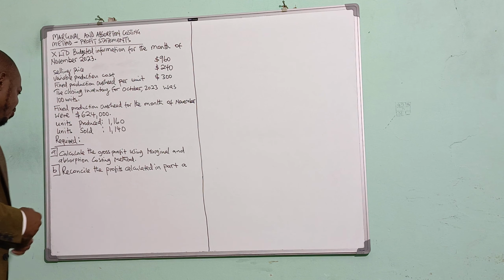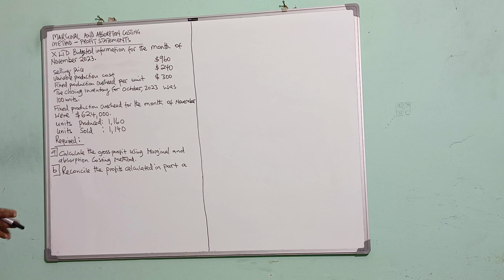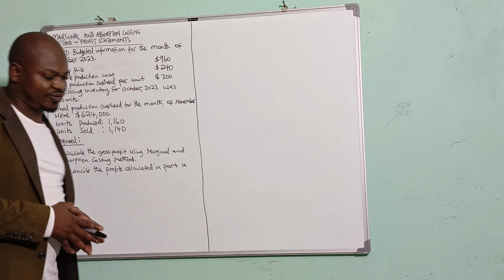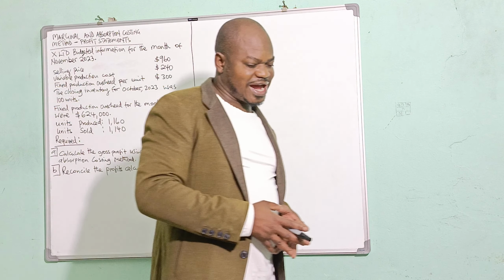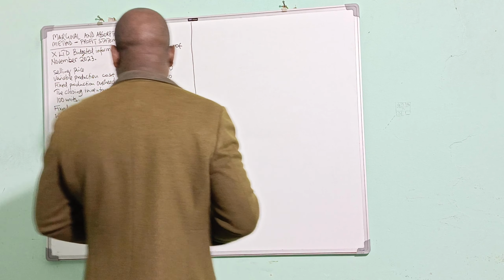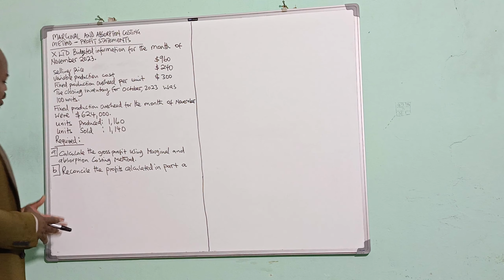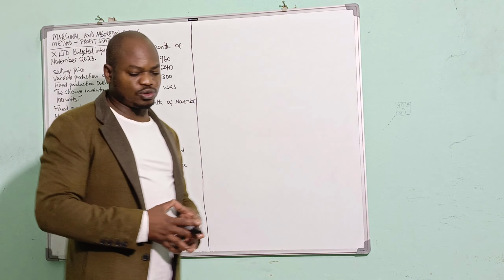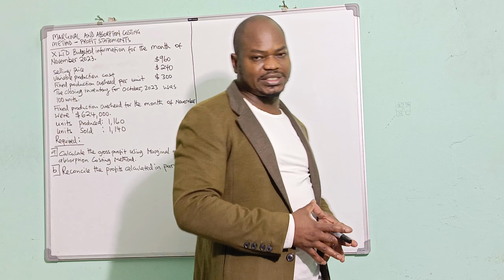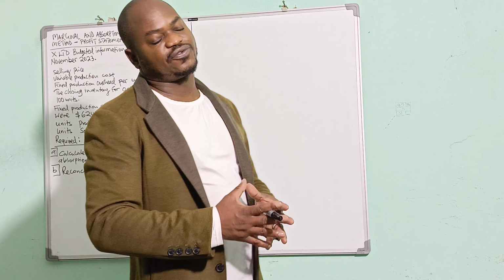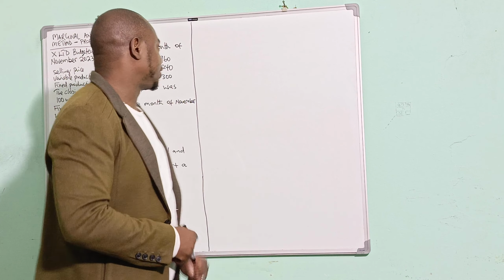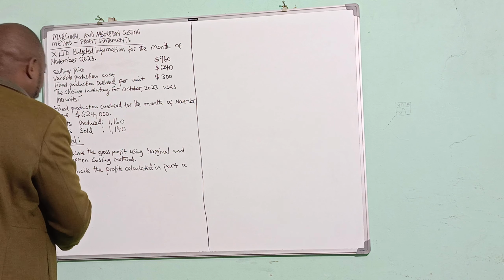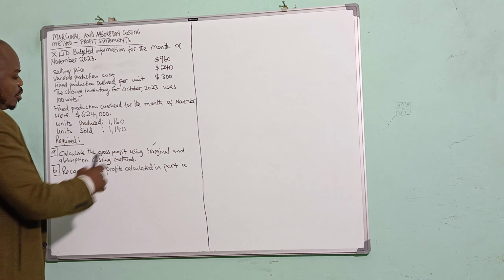The requirement: calculate the gross profit using the marginal and absorption costing methods. So I'm going to use two methods to calculate the gross profit, the marginal approach and the absorption approach. And then the examiner goes on to say, reconcile the profits calculated in part A. So we're going to prepare a reconciliation statement and see why the two profit figures differ. I'm beginning with marginal.